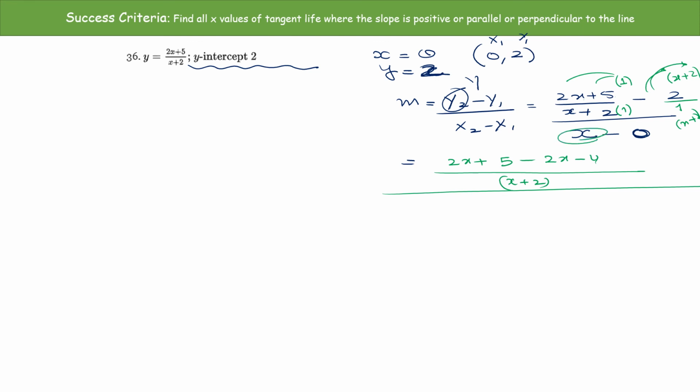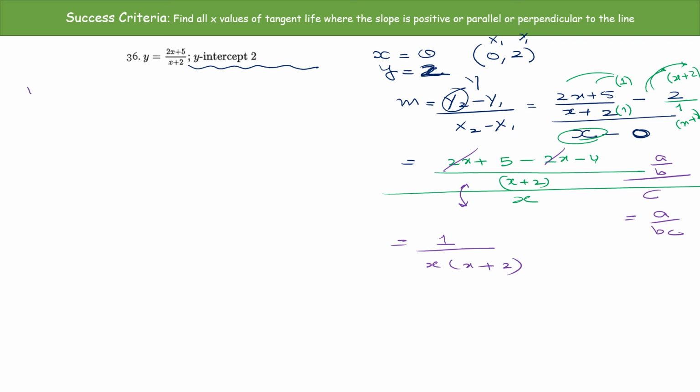And this x is here. Similarly, a over b over c is equal to a over bc. So the top 2x and 2x cancel. On the top 5 minus 4 will give us 1, over x times (x plus 2).